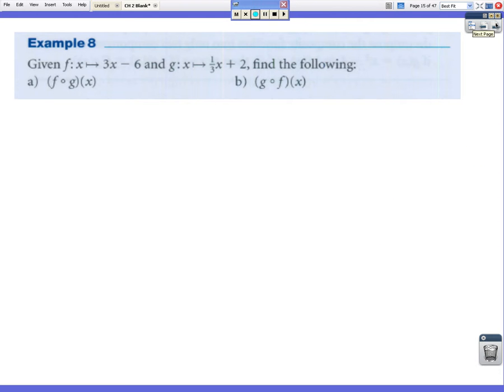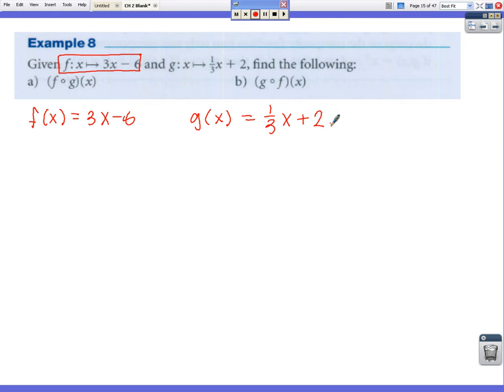So example 8, so this is a mapping, and I'm going to rewrite the mapping. So f of x is equal to 3x minus 6 is what this part says. And given that g of x is equal to 1/3 x plus 2, find the following. Just to make sure I'm only going to do part A, f of g of x.